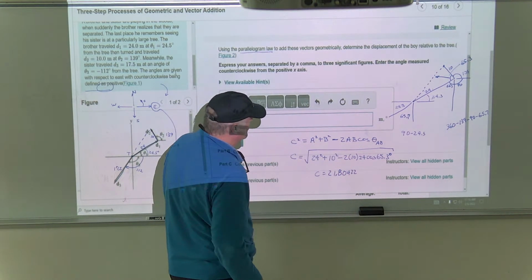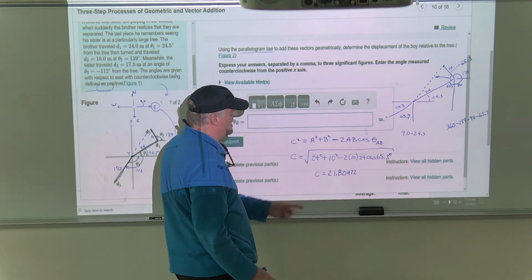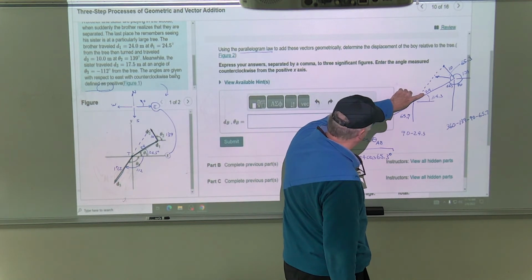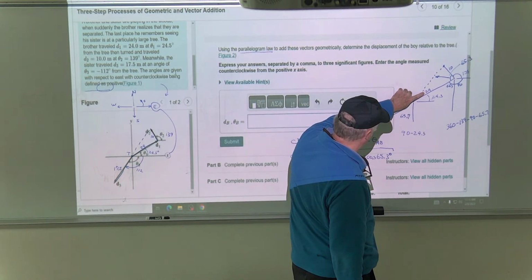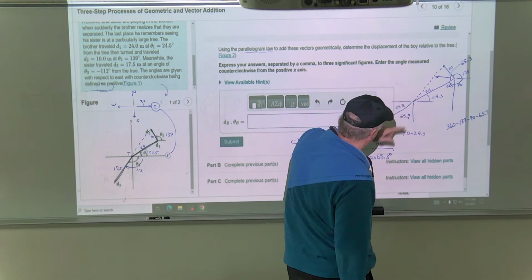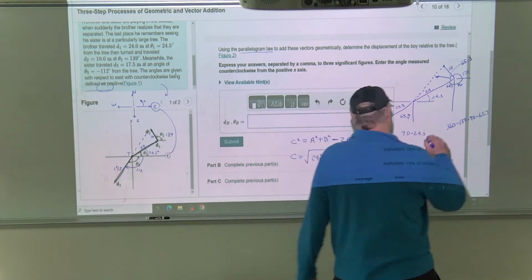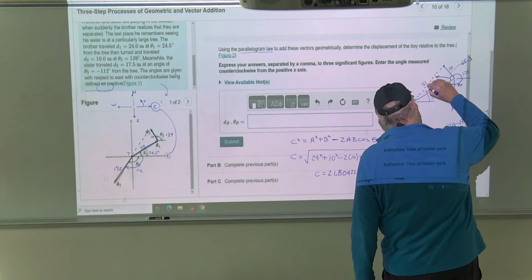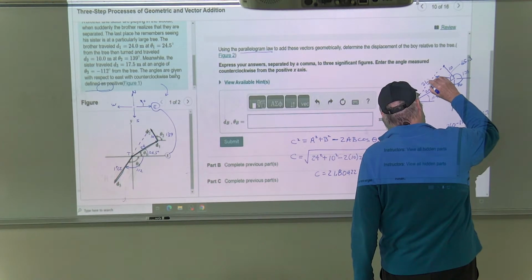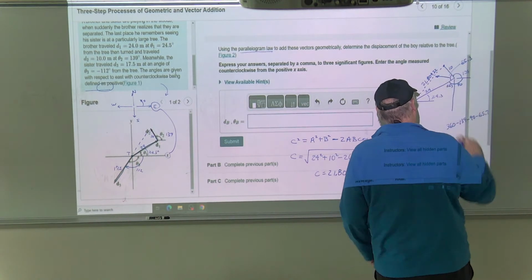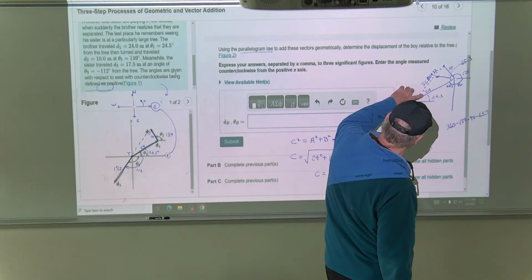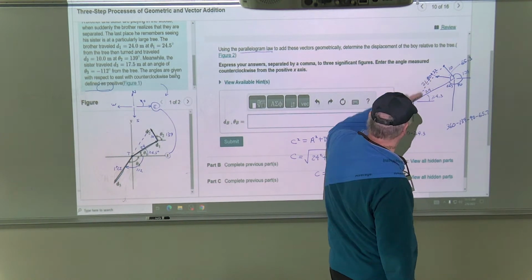Now the problem is it wants to know, oh geez, now I've got to have this angle. So now that I know this is 21.80422, I can go in and find that angle from the law of sines. That angle over that is equal to that angle over that.